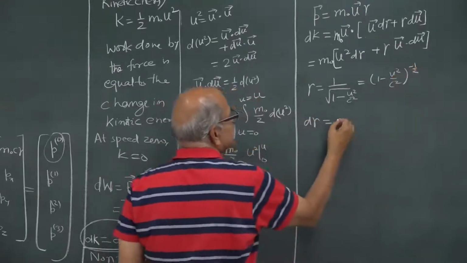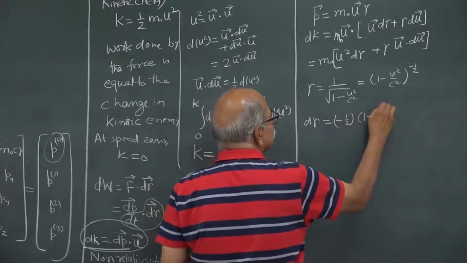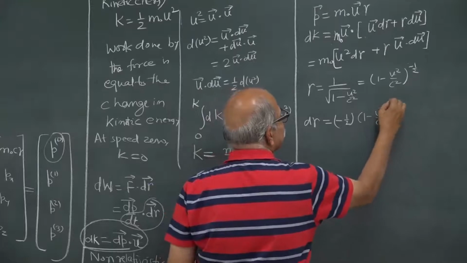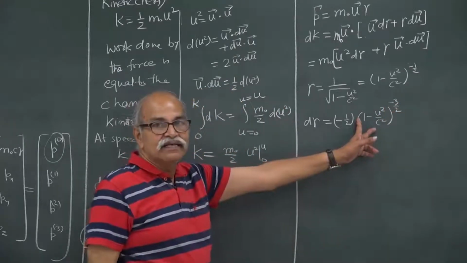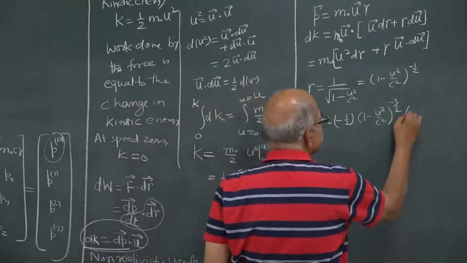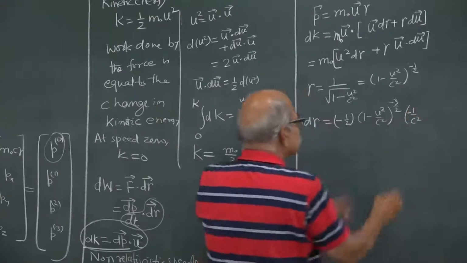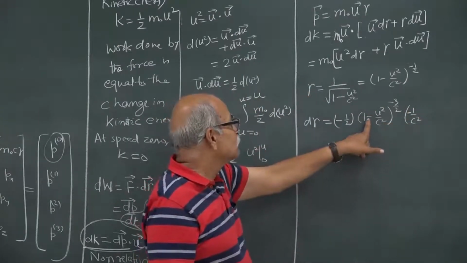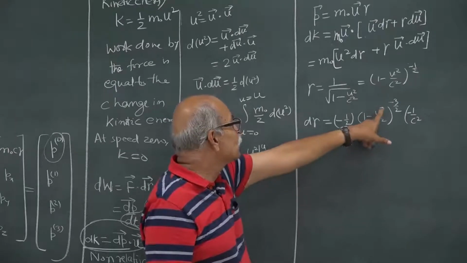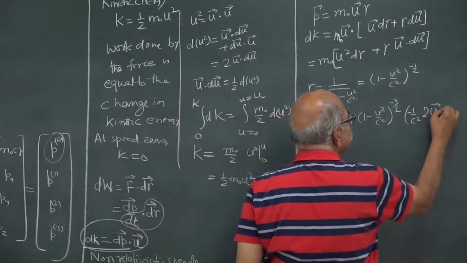First you differentiate this minus half here, then 1 minus u square by c square to the power minus 3 by 2 here, then you differentiate this, and when you differentiate this you have minus 1 by c square. You are differentiating this with respect to u, so minus 1 by c square times u square. U square, when you differentiate, you get 2 times u dot du.